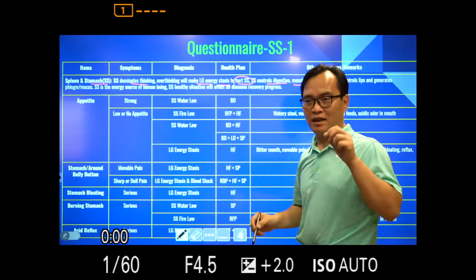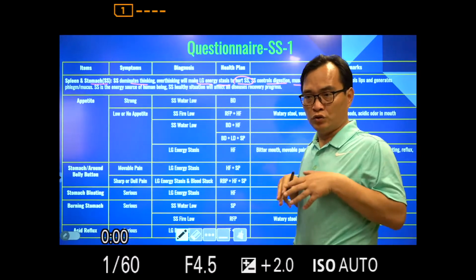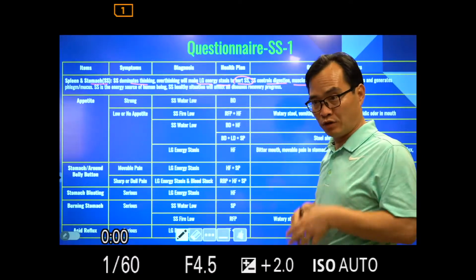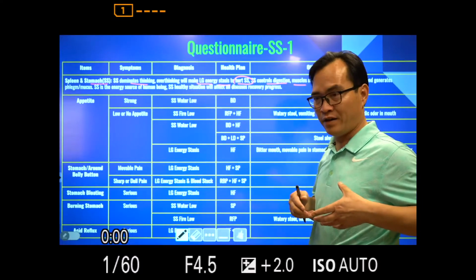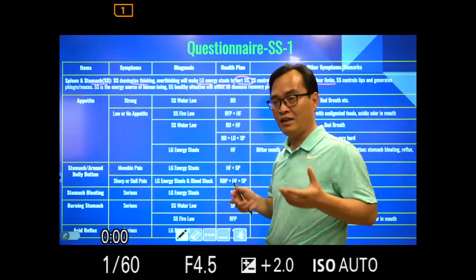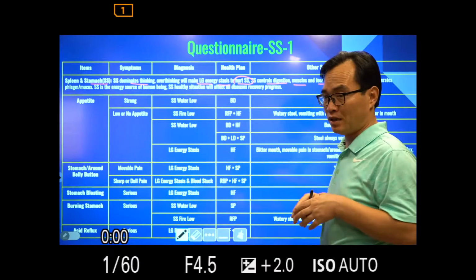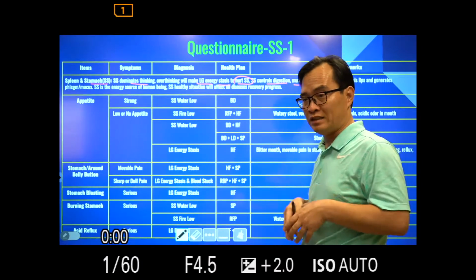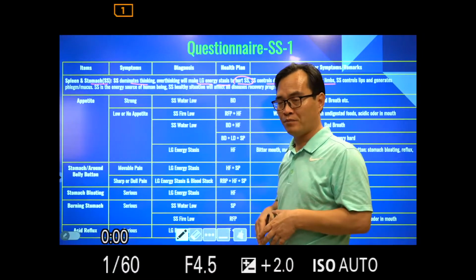Control digestion, like the stomach. The stomach is for pushing the food down. Also, the stomach has very strong acid inside. It can digest, it can boil the food. After boiling the food, the stomach needs to push this digested, boiled food down.